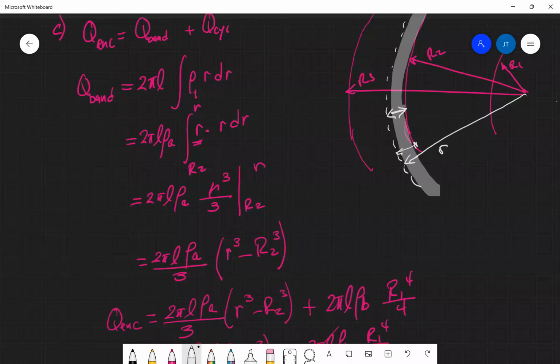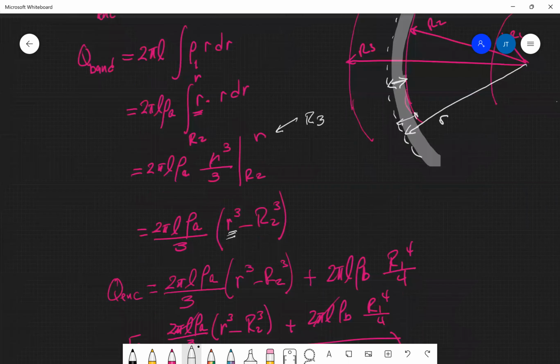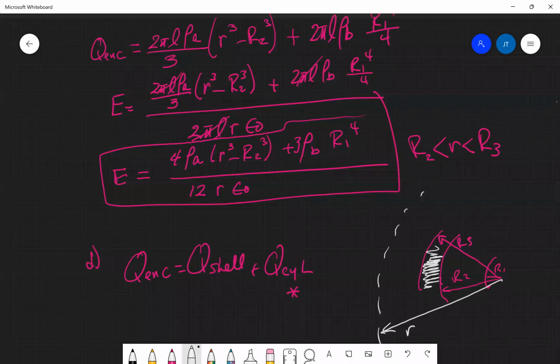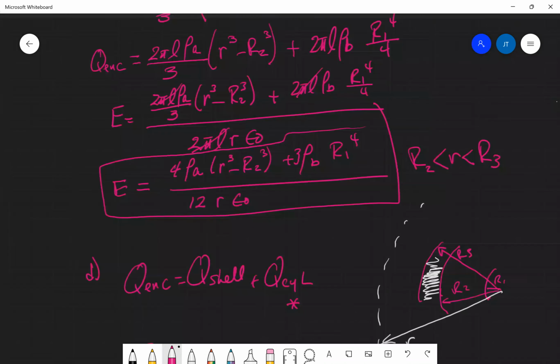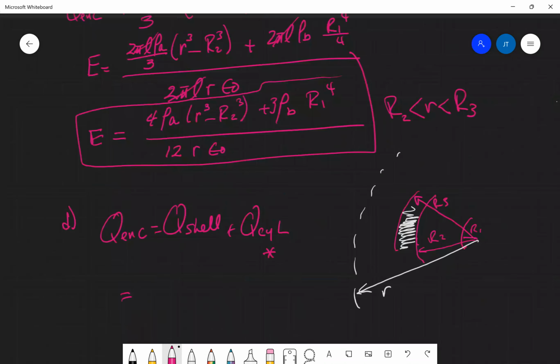So basically, these limits of integration right here, this one becomes R3 when I'm computing it for the shell rather than the band. So the only difference is this, instead of being R cubed, it'll become R3 cubed. That's all. So for that, this is equal to 2 pi L rho A over 3, R3 cubed minus R2 cubed.